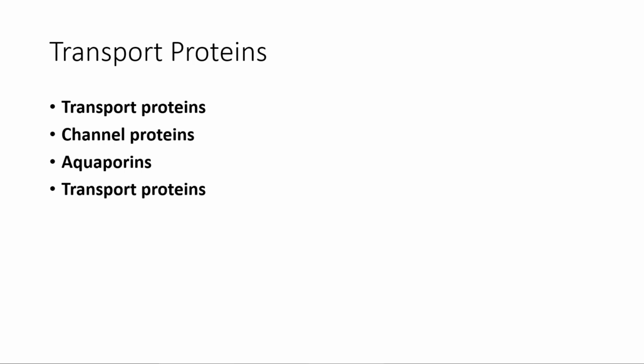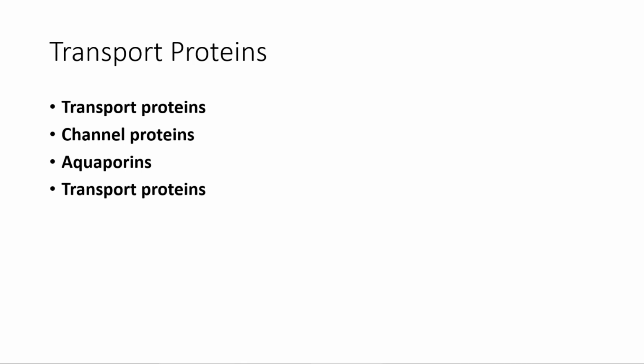There are channel proteins that are called aquaporins. If you know what aqua means, A-Q-U-A, aqua means water. Porin means a pore, a passageway. So these aquaporins, these channel proteins, allow the passage of water.